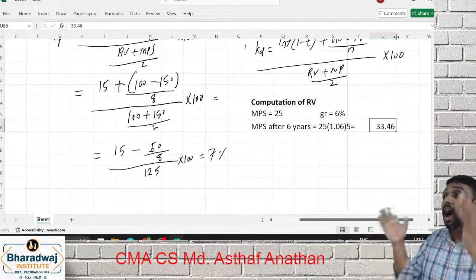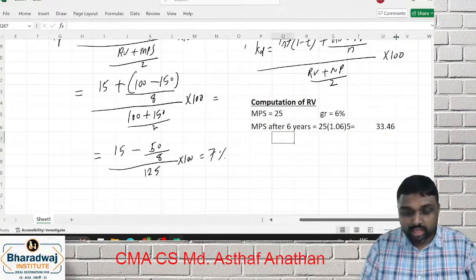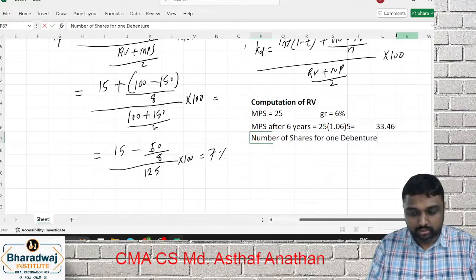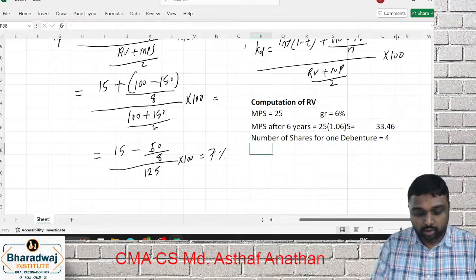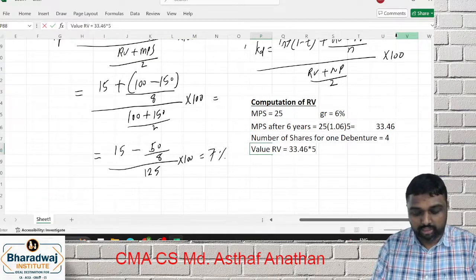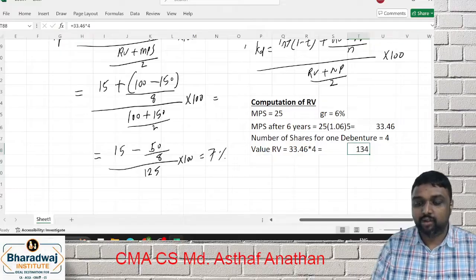Tell me, how many shares will you get for your debenture? The number of shares for one debenture is 4. So what is the value of RV? 33.46 into 4. At expiry you will get 33.46 into 4. This is the value of RV.